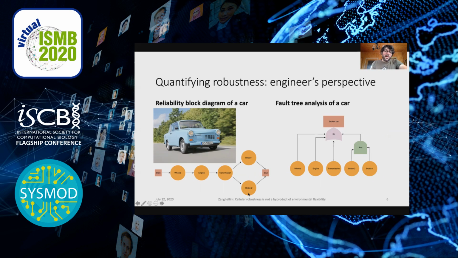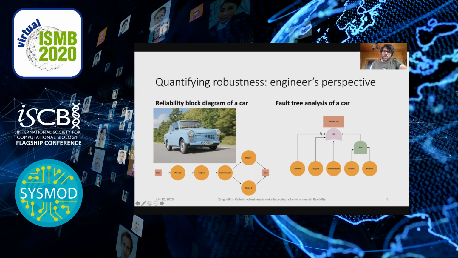When is that car working? Essentially when there is a way from the start to the end. We find there's a way here and a way down there, so we find two ways that allow the system to work. We can count the number of ways that get us from the start to the end, and this is the measure of reliability.